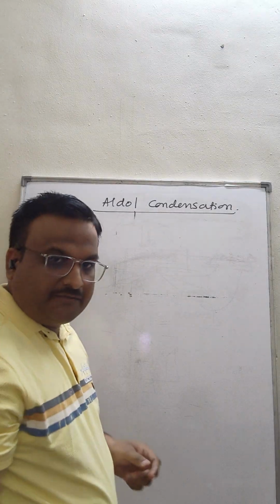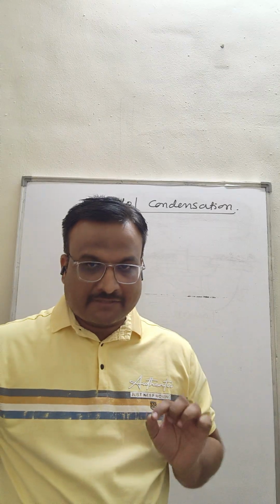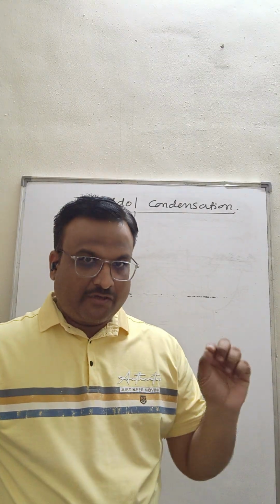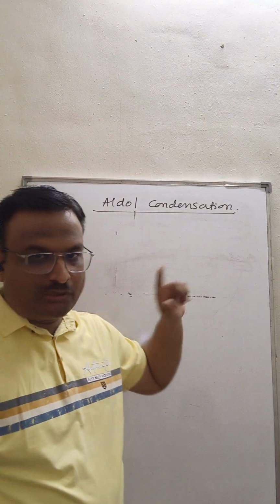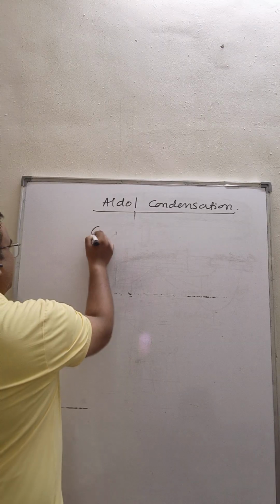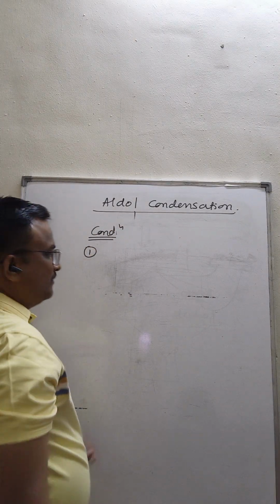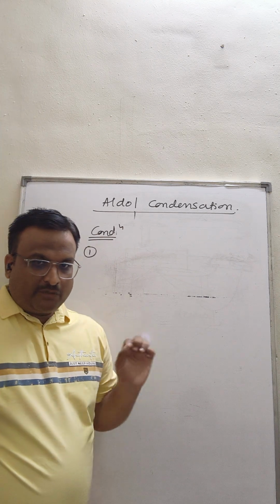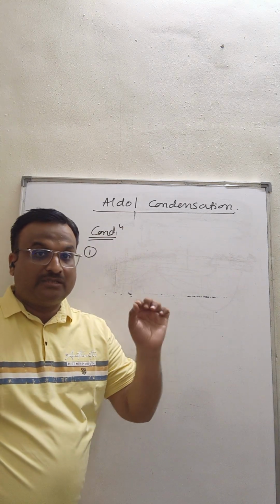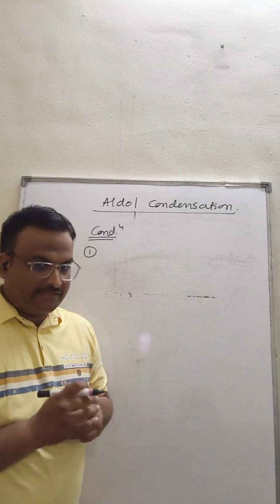So my dear friends, for aldol condensation, we require certain conditions that should be obeyed by the aldehyde or ketone molecule in order to participate in aldol condensation. So let's see what those conditions are. The first condition is that whatever aldehyde or ketone molecule we have must contain an alpha hydrogen atom, which is specifically acidic in nature.